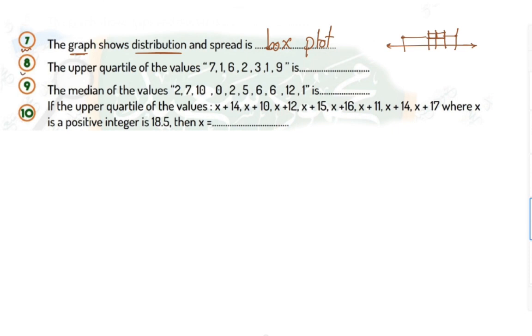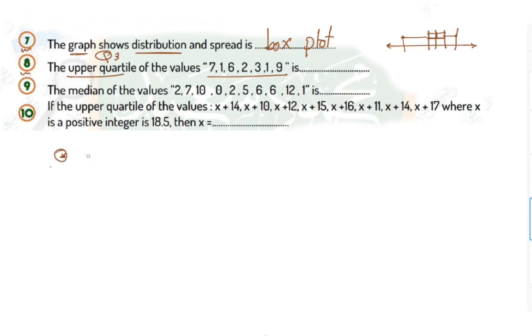Point 8, the upper quartile, Q3. A moment ago, we studied how to find the lower quartile, Q1, but how do we find Q3? The same idea. Here we have some values: 7, 1, 6, 2, 3, 1, and 9. But it seems they are not arranged, so I need to arrange these values first.